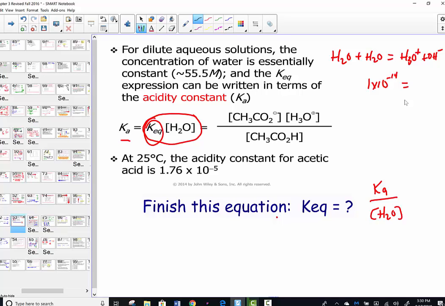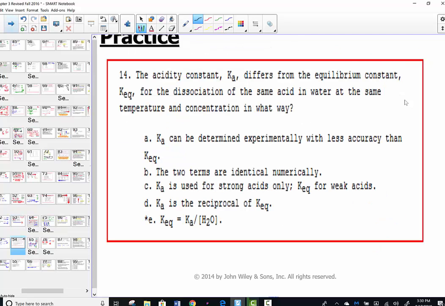I say this because sometimes I see test questions populate in your multiple choice in Canvas, and it asks you to reflect upon that very definition. So Ka is different than Keq. Keq is not the same as Ka, but Ka is a derivation from the equilibrium constant. How do we derive Keq?